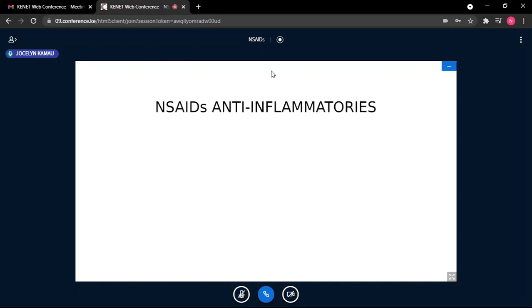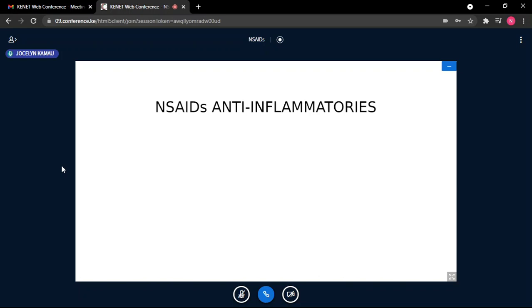When you have an injury, an inflammation will kick in so that you protect the tissues. But the minute that inflammatory process kicks off, you also need to stop it, because excessive inflammation will also cause tissue damage. So once the prostaglandins are formed, they will cause pain, fever, and inflammation.